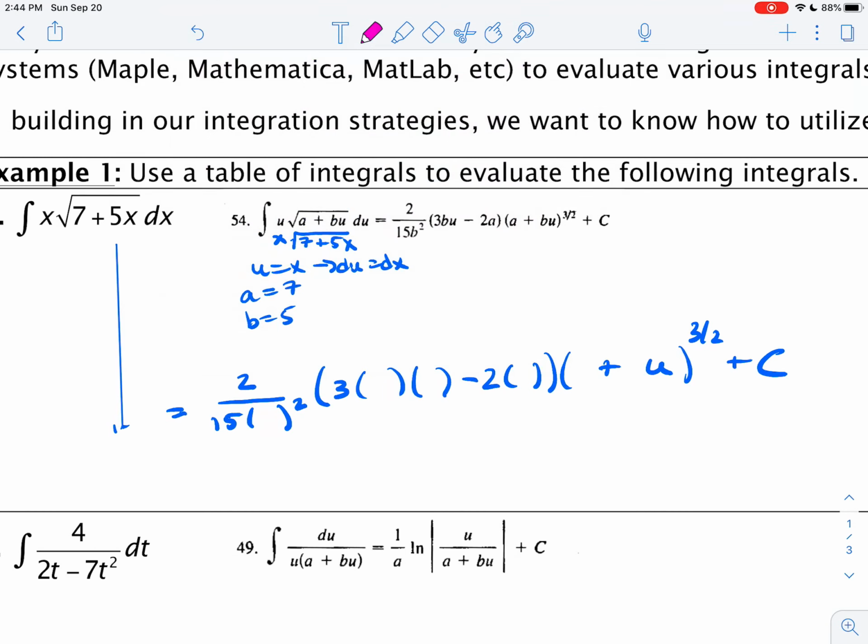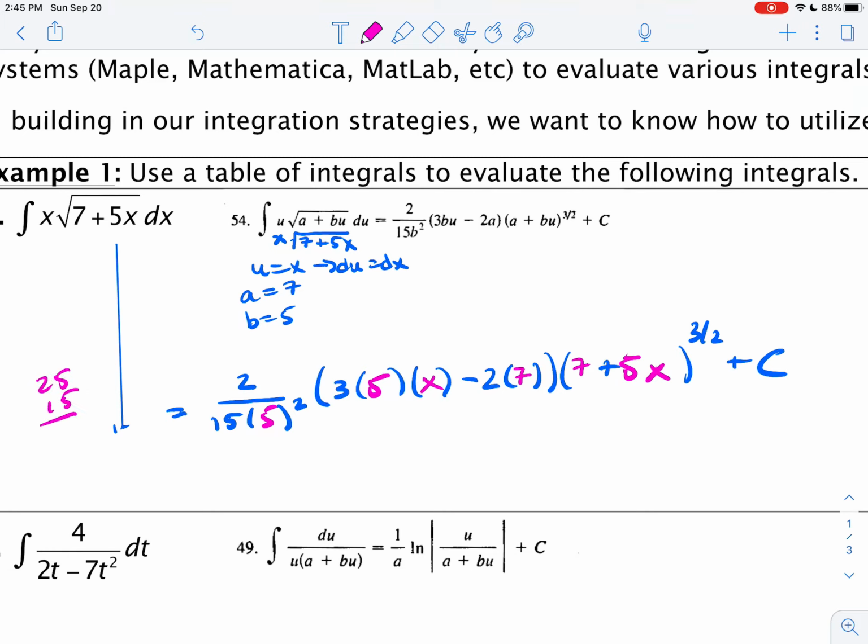I can go back and substitute the values that I have. b squared, where b is 5, and 3bu, where b again is 5 and u is x, minus 2a, where a is 7, and then a plus bu, where a is 7, b is 5, and u is replaced with x.